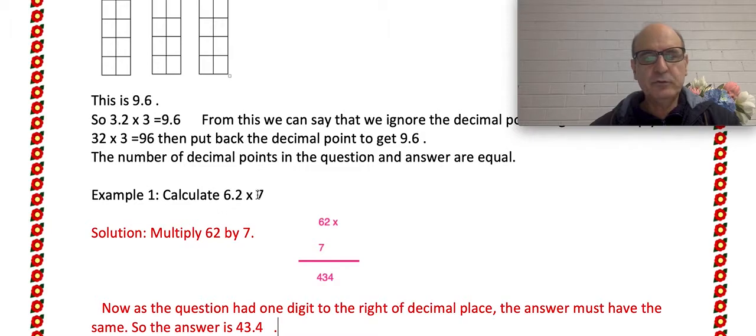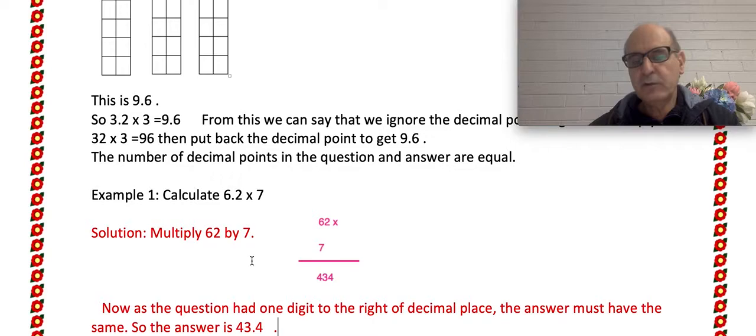Calculate 6.2 times 7. So I ignore the decimal point, I get 62, and times it by 7. When you times it, 7 times 2 is 14. You carry 1. 7 times 6 is 42, and that 1 makes it 43. So the answer is 434. But that's not my final answer, because I didn't have 62, I had 6.2.